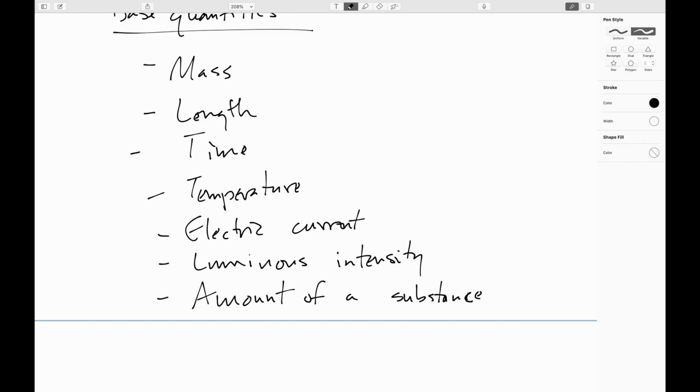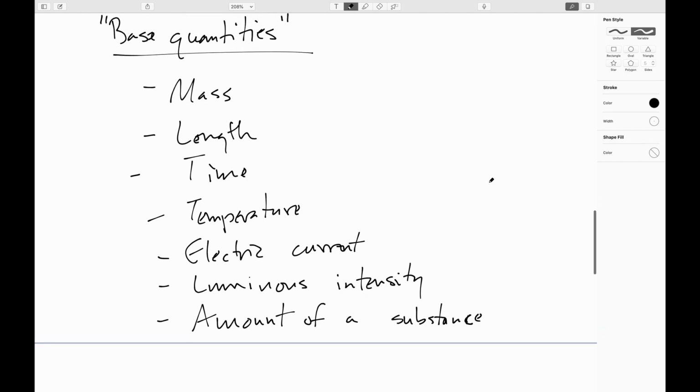So these are the things that we have to define operationally. And then it turns out that everything else, what we call the derived quantities, we can scaffold off from that.